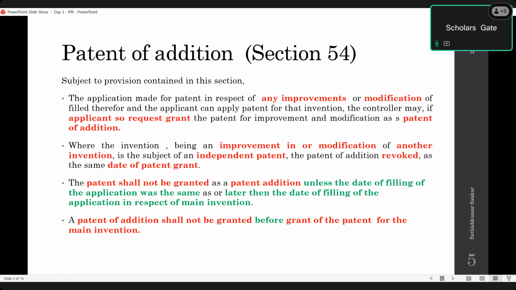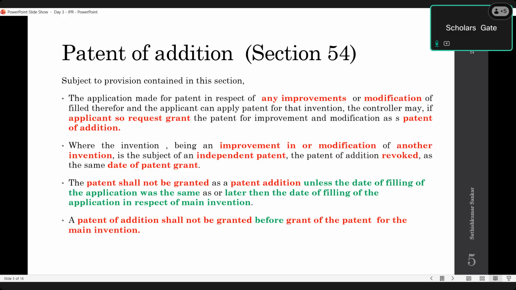So the patentee also takes the decision. If it is possible, the patentee can add that invention to the main invention as a patent of addition. Sometimes he can file an independent patent also.